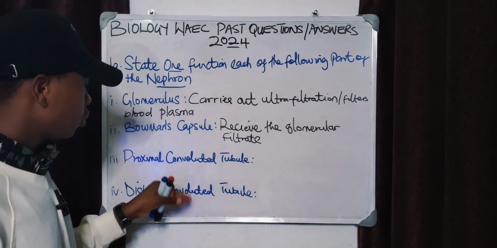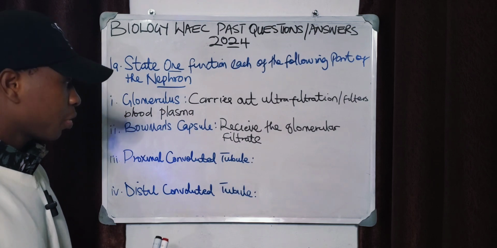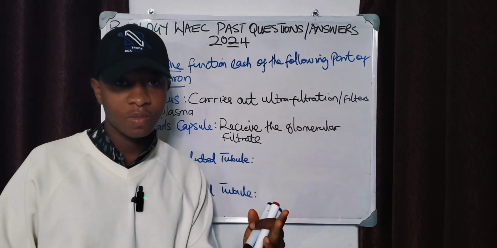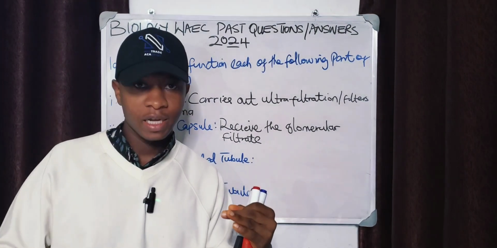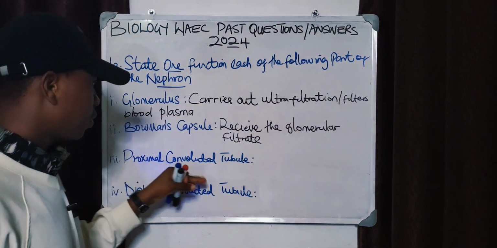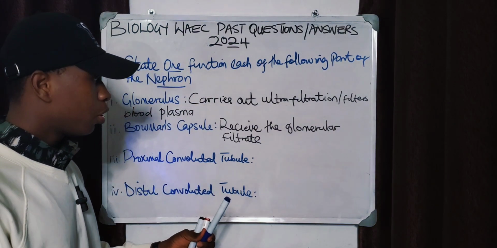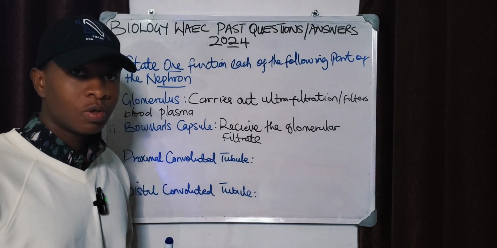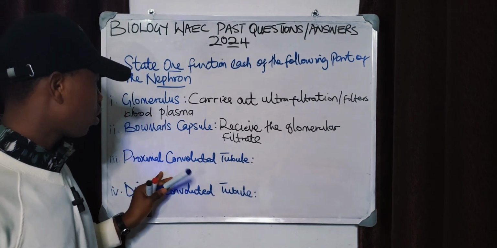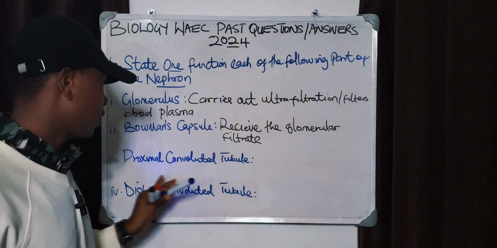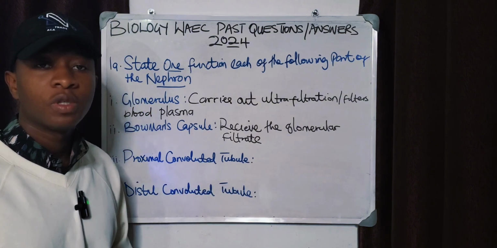Now, the proximal convoluted tubule. Remember we have the proximal and distal. The proximal at the beginning and the distal at the end. Okay, so the function of the proximal convoluted tubule is to reabsorb. So we have selective reabsorption occurring in the proximal convoluted tubule.